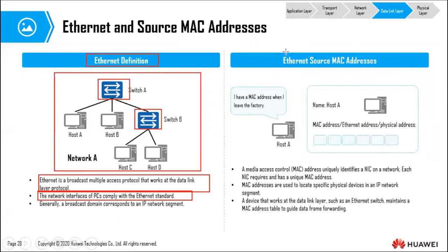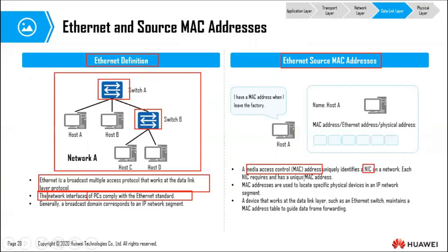Okay, so the Ethernet source MAC address. As we said, every PC has a network interface card. The network interface card has a unique number called the media access control number, which uniquely identifies the NIC on a network.